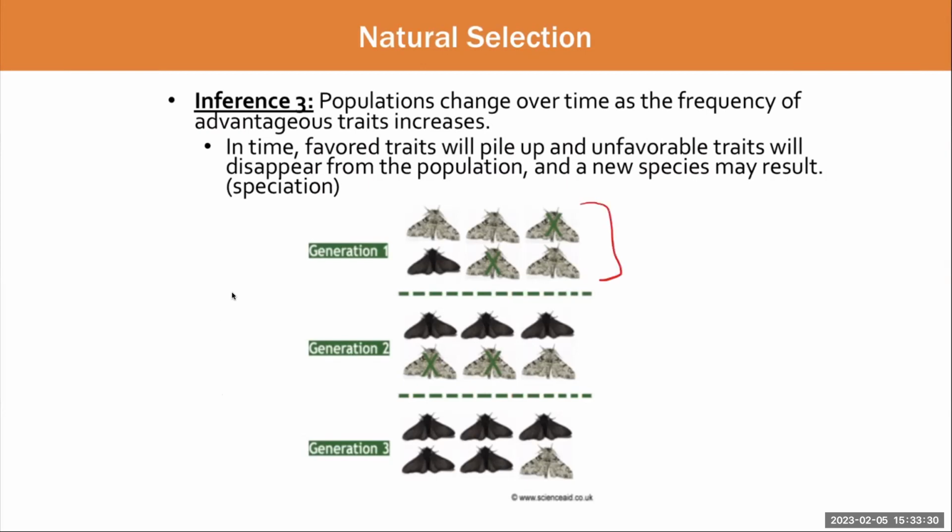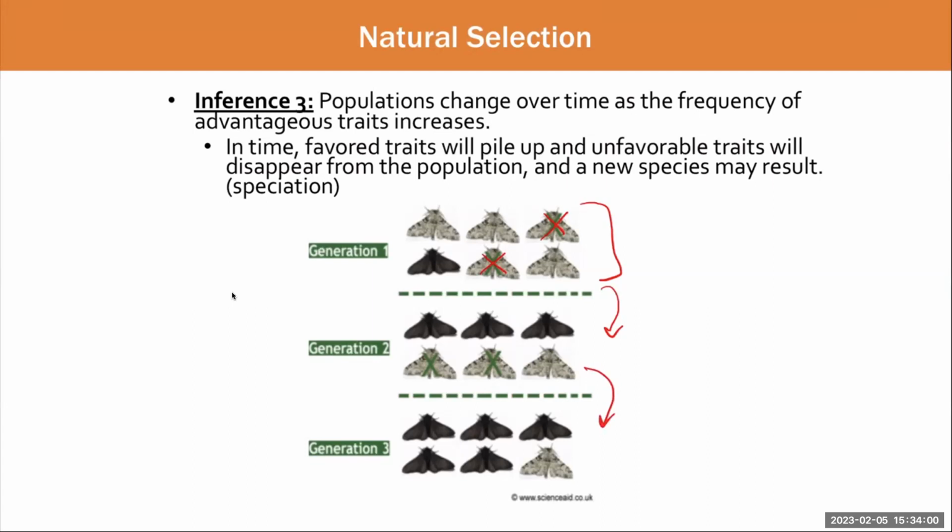Over time, as the environment changes and the tree trunks are no longer that lichen colored background, birds find it easier to find and hunt on moths, right? So by generation 2, based on the survivors of generation 1, we have a higher proportion of the dark morphs in the population, and kind of rinse, wash, and repeat, and that changes over time, okay?